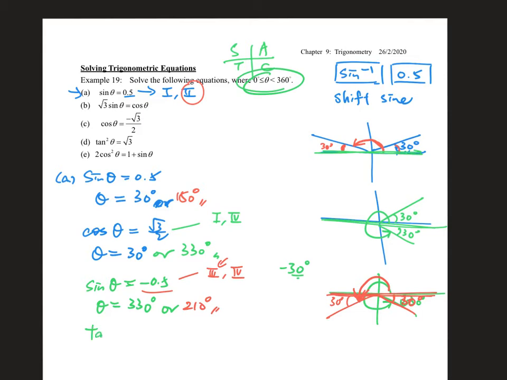And then finally, how about we try tangent theta is negative 1. Let's try shift tangent, negative 1. So you've got the first answer, minus 45 degrees, right? Which is not a suitable answer as required by the question. This time I don't draw for you, but can you write down the big angle for minus 45 degrees? Yes, it's 315 degrees.